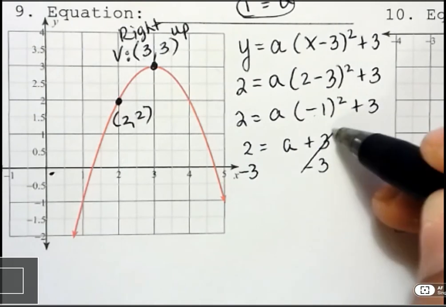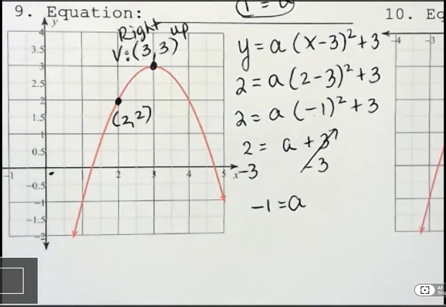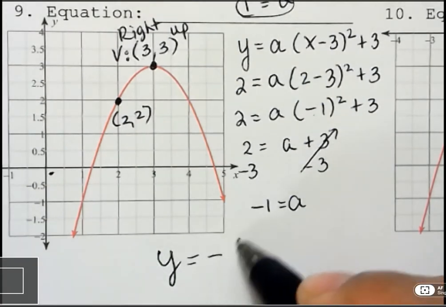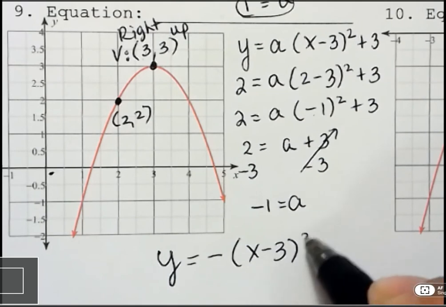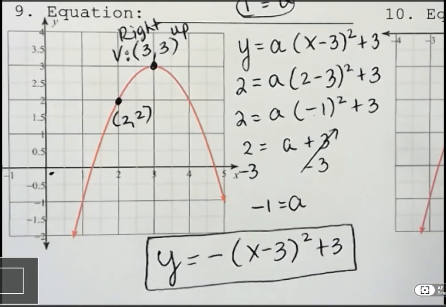And 2 minus 3 gives me a negative 1. So a equals a negative 1, so the final answer is going to be negative, and that makes sense because it opens down, it goes to the right 3 units, and it goes up 3 units.